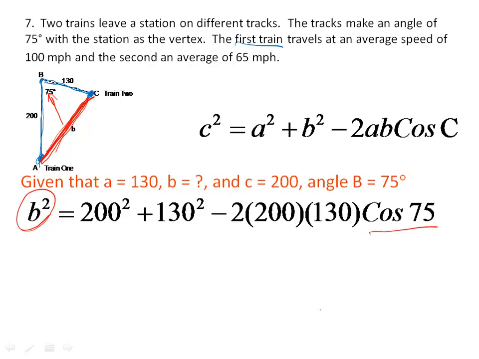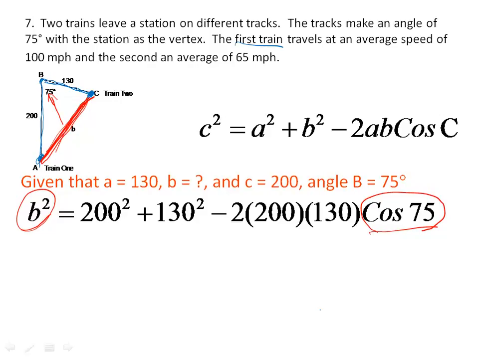Remember, we match up opposite angle and side in this law of sine and cosine. Okay, so now remember what this means. Cosine of 75. That means the value that you get when you put in your calculator cosine 75.